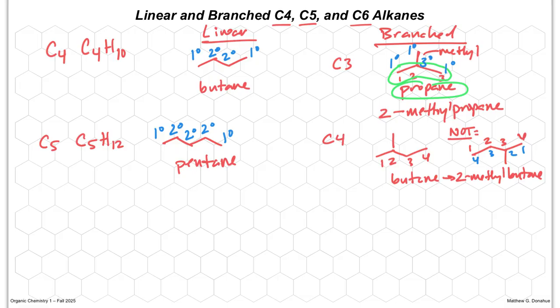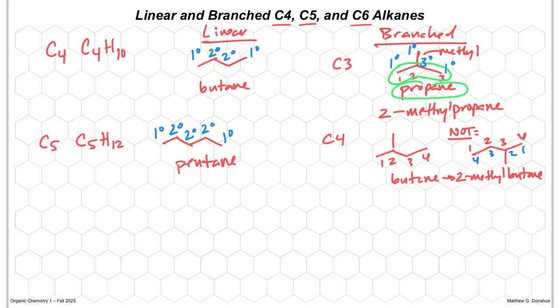So the next isomer that we're going to draw is going to show that. So we can draw another branched C5 isomer. We can't do it as a butane derivative because that's really the only thing we can do with that.